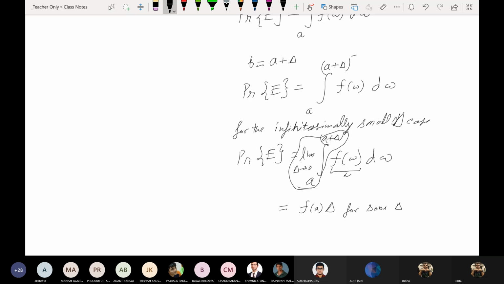But that delta has to be an interval. It can lie within that range. You can make this delta as small as possible, so it can be vanishingly small. As you make this delta vanishingly small, that probability vanishes.